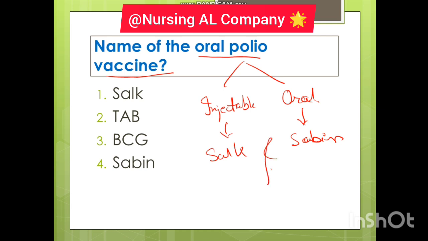Here it is asked for the oral polio vaccine, so you will get Sabin. BCG is not the answer, of course; it is given to prevent TB.